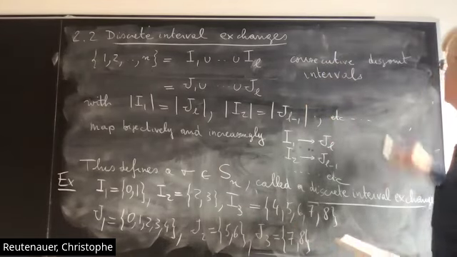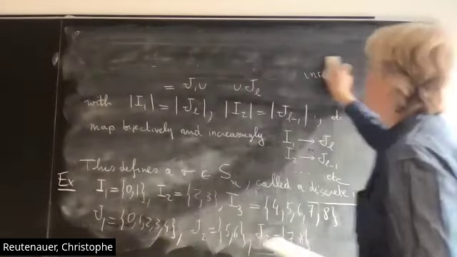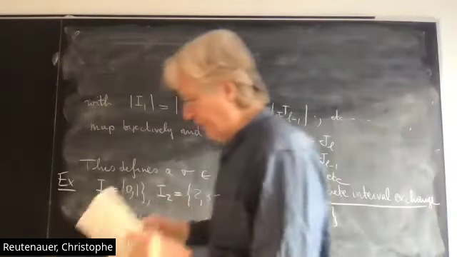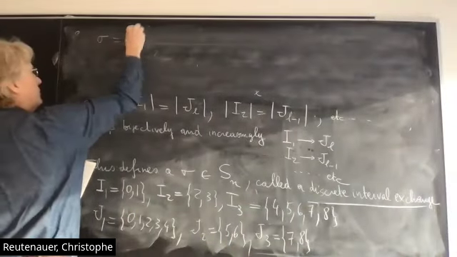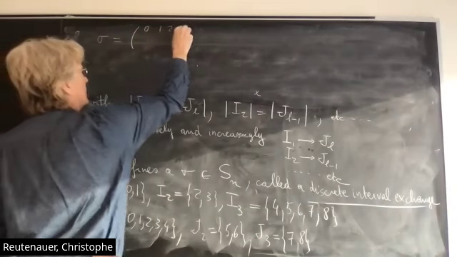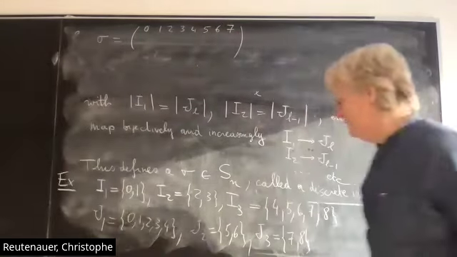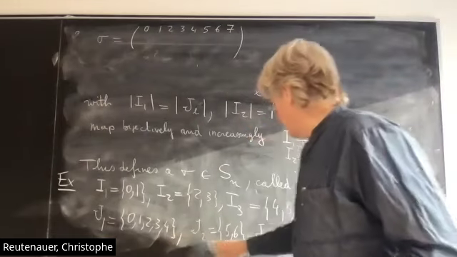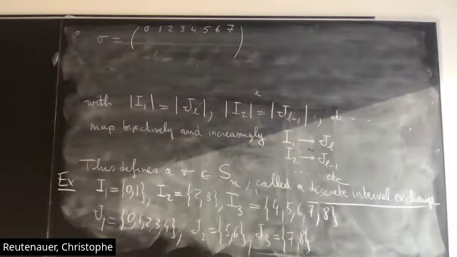So you can see the permutation. Sigma is equal to, I think there is a problem here. 0, 1, 2, 3, 4, 5, 6, 7, 8. Ah, yes, no, it's okay.